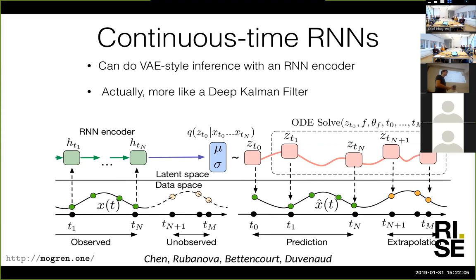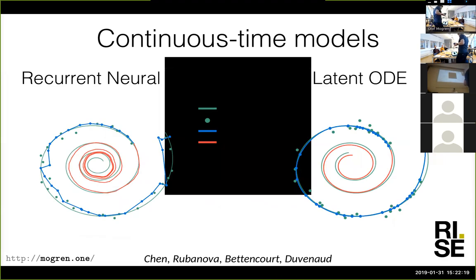It's a spiral. They draw spirals. They do show in the results that the extrapolations are pretty nice, and that the learned trajectories are smooth and nice.